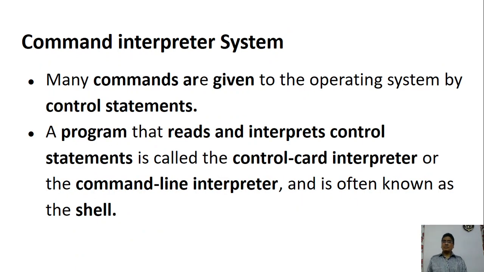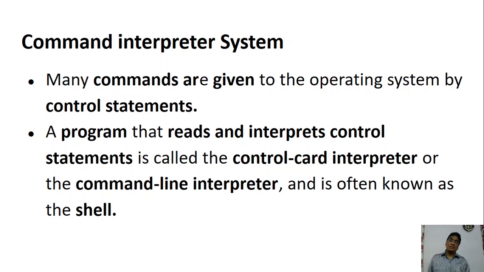Now let's look at the command interpreter. Whenever we want to interact with the operating system, we give some control statements. So we tell the operating system, you do this, you save my file, you retrieve my file. Some control information is given. There is one program that reads our instructions or our control statements, interprets them, and then takes action.